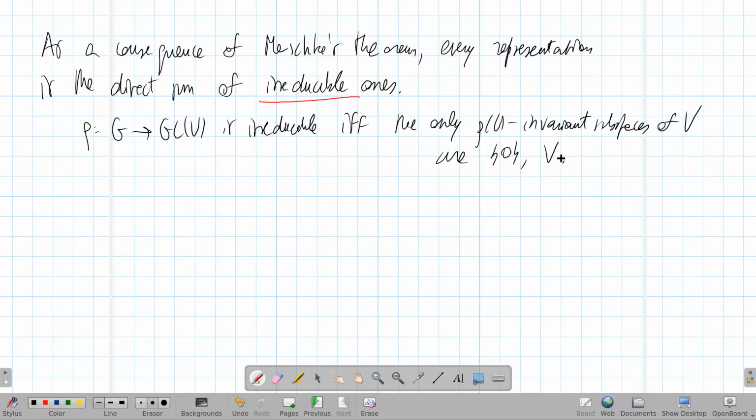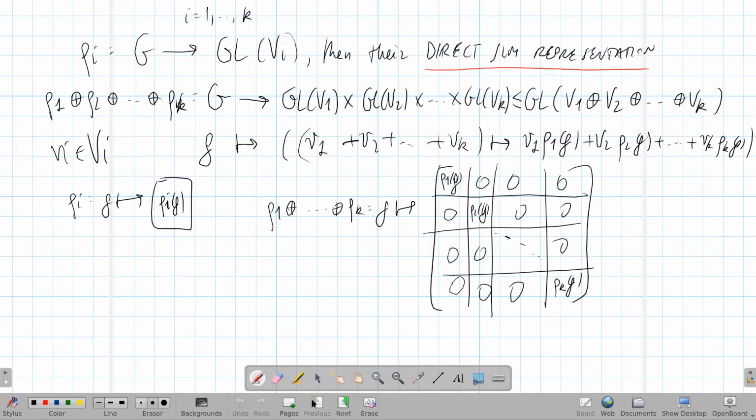But this is an analog of simple groups. In fact, yesterday I used also the term simple module for the group algebra. So what you can do with a generic representation is to split it up as a direct sum of irreducible ones. Because if it's not irreducible, Maschke's theorem tells you that you can split the vector space in the direct sum of two components that are rho(G)-invariant.